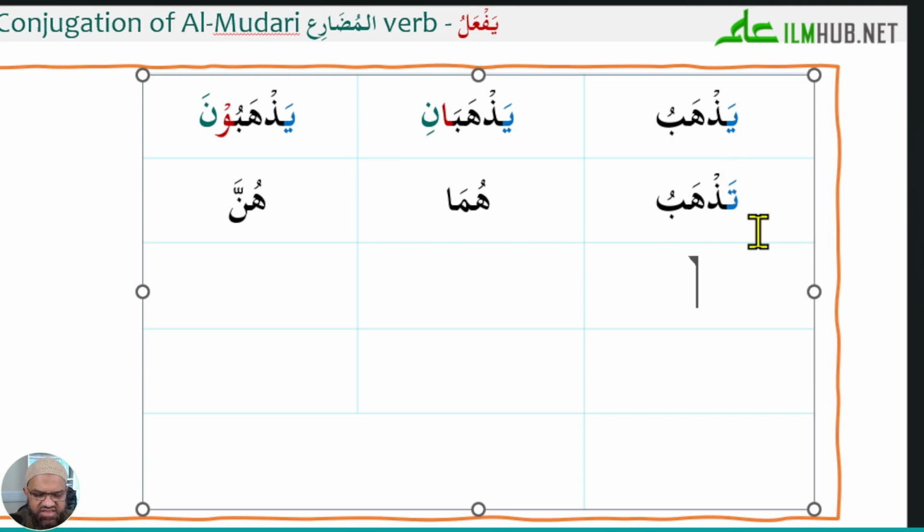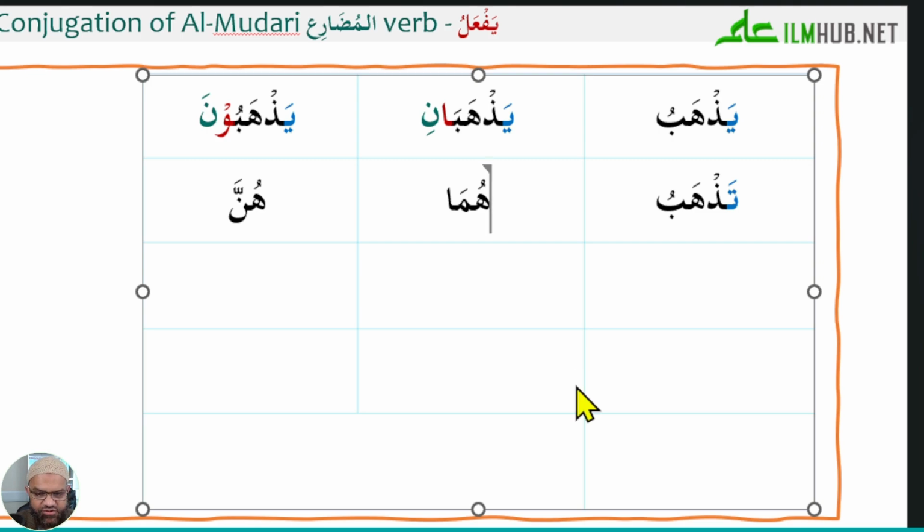Tadhhabu. Huwa yadhhabu, hiya tadhhabu. And of course, you remember yadhhabu is sigha number 1. This is sigha number 2. This is sigha number 3, representing huwa, huma, hum. Here we have hiya. Tadhhabu, hiya, number 4. And this is where we have the external doer. Exactly the same in the mudari. So that's why I'm highlighting those points.